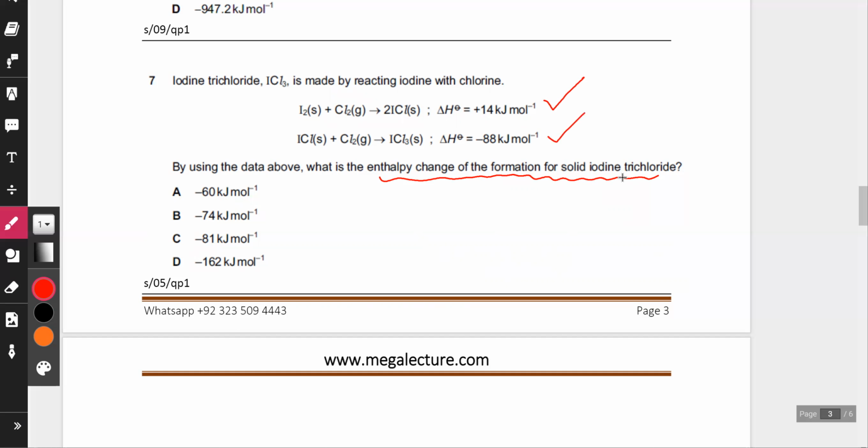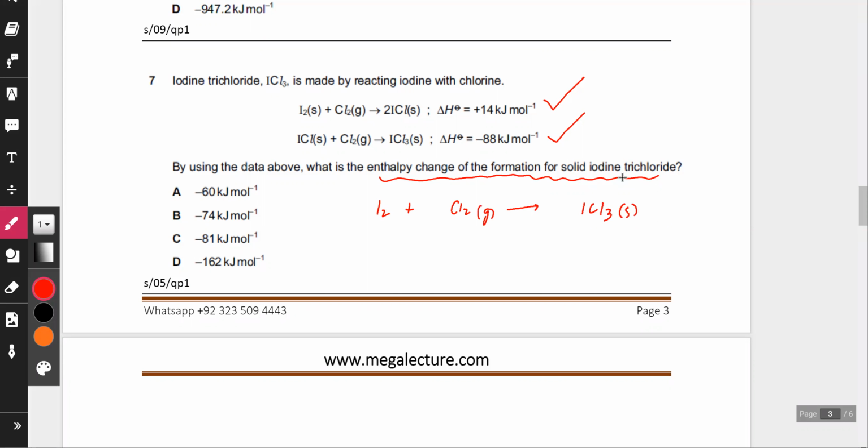So try and draw the Hess cycle. You can try and do this one as well. See, let's try and find this out. It's the same equation, right? It's the elements getting together to form ICl3 solid, right?